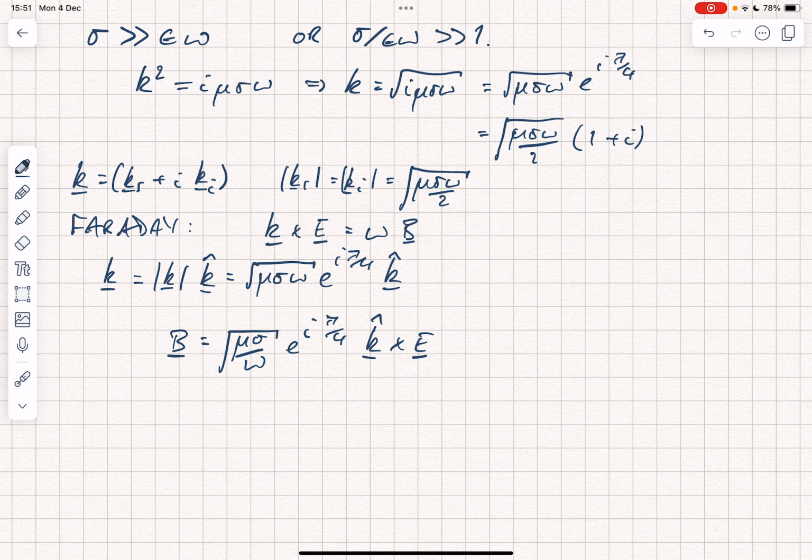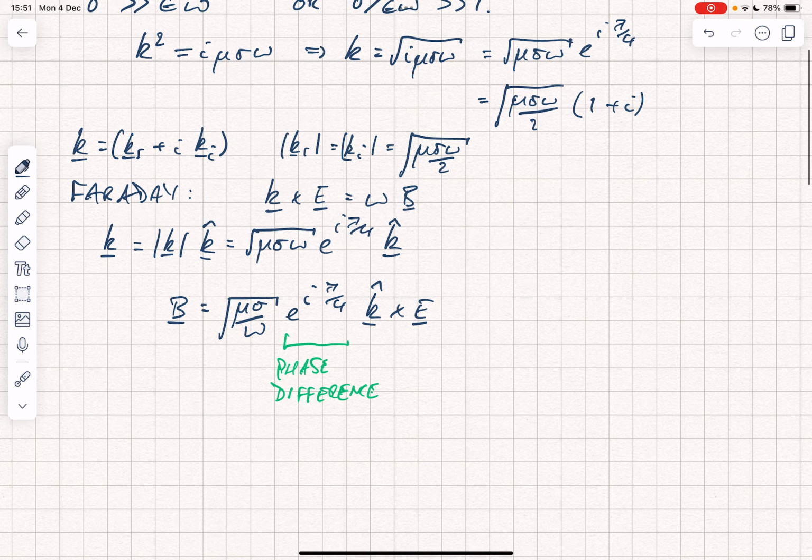So the direction is entirely as we would expect, but notice this extra phase difference, there's e to the i pi over 4, which has come about between the E field and the B field. And that's come about because of the complex wave vector, which in turn arises from the conductivity. So there is a phase difference between these two.